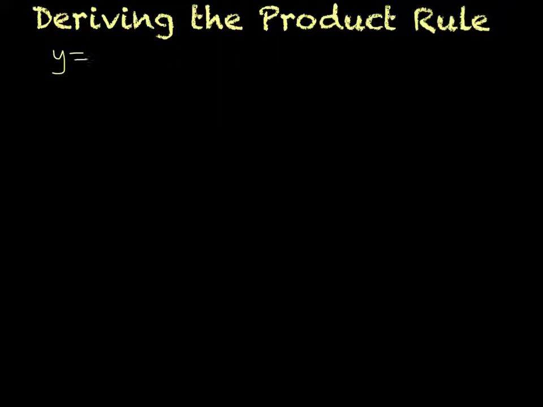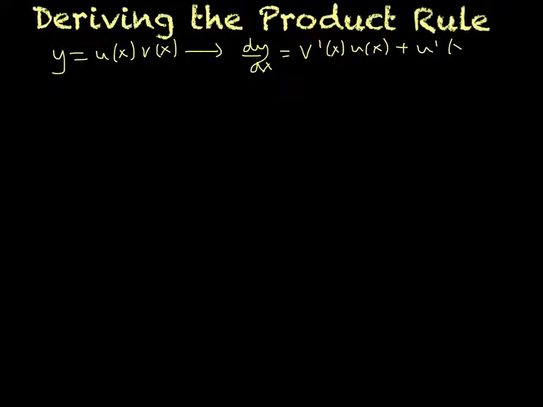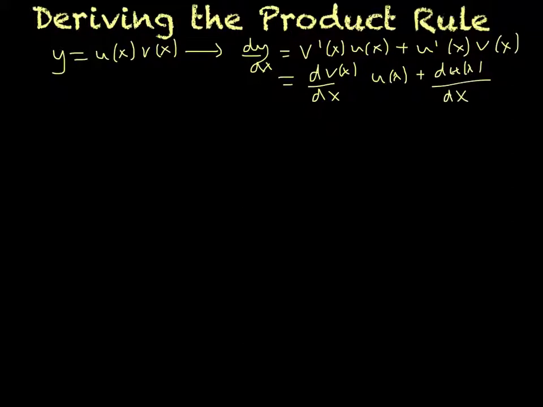We already know, just like how the last video was structured, that if y is a function of u and a function of v, and they're functions of x, so we've got two functions u and v and they're both functions of x, we know that when we differentiate them, this will be v dash of x times u of x plus u dash of x times v of x, or if you really like, dv over dx times u of x plus du over dx times v of x.